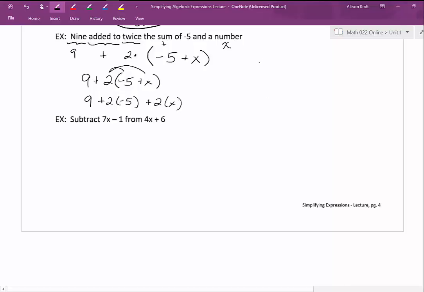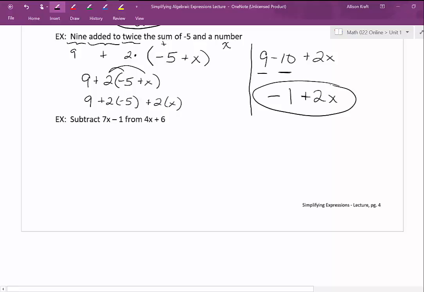Multiplying those, that gives us 9 minus 10 plus 2x. We want to check for like terms. I see that we do have like terms, like constant terms. 9 minus 10 is negative 1 plus 2x. That is our simplified answer.